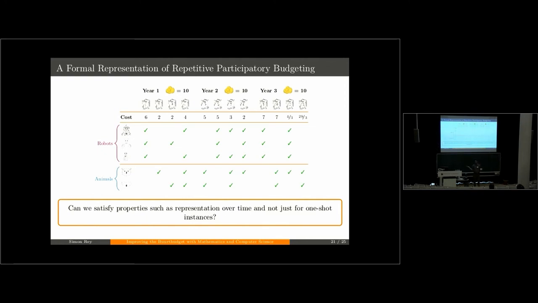It's like saying, I'm sorry guys, but next year we'll do something for you. And in my way of trying to define voting rules, I can try to come up with voting rules that take this information into account and use that to make my decision for the current year. Okay? That's another idea of what you could be looking at. That's another thing that we do look at in our own research. All right.